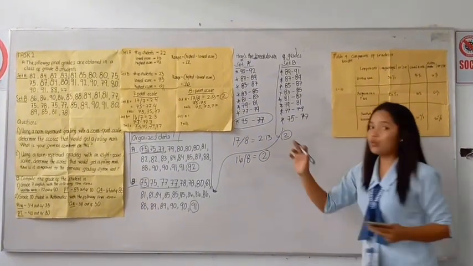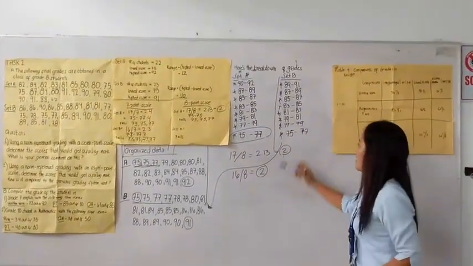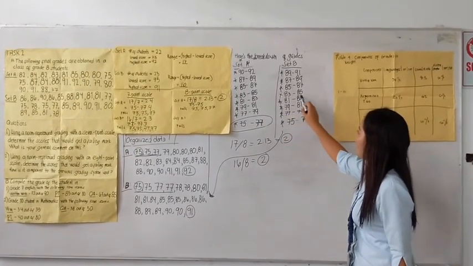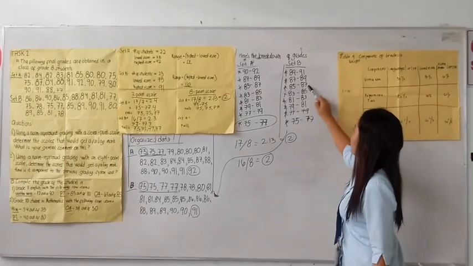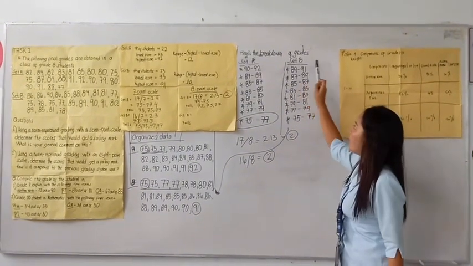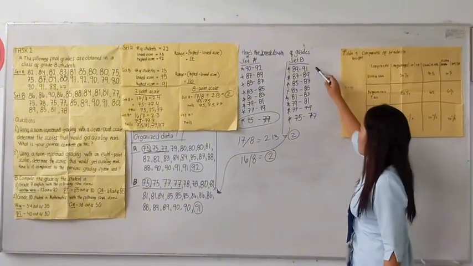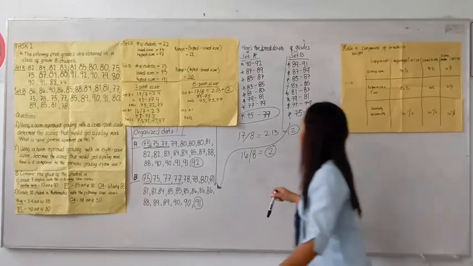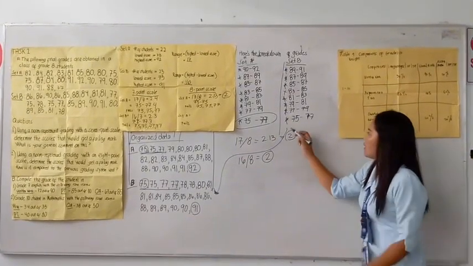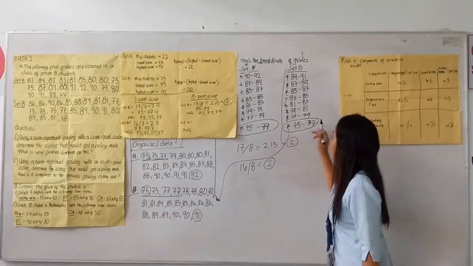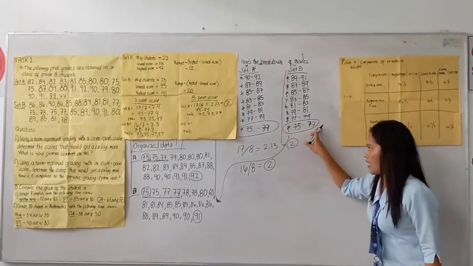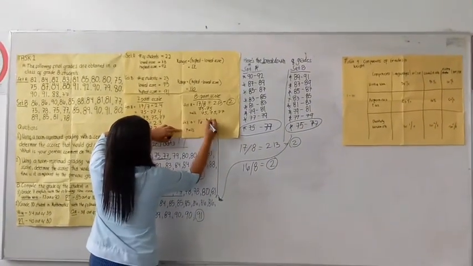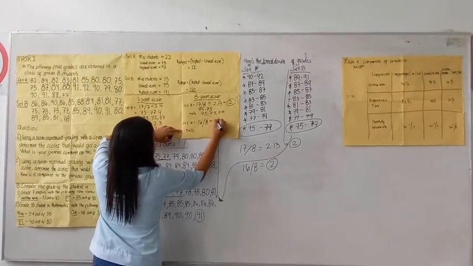We have to do a breakdown: 75, 77, 77, 79, 79, 81, 81, 83, 83, 85, 85, 87, 87, 89, 89, 91. As you can see, the interval is 2. The failing grades are still 75 to 77.